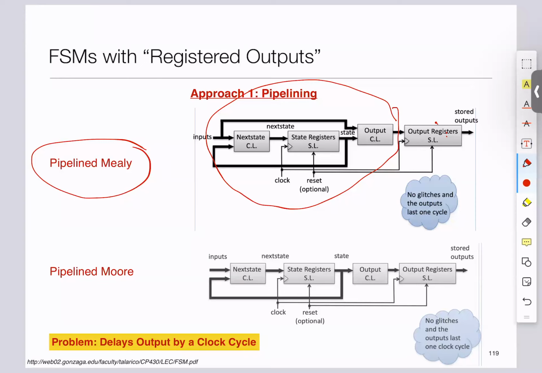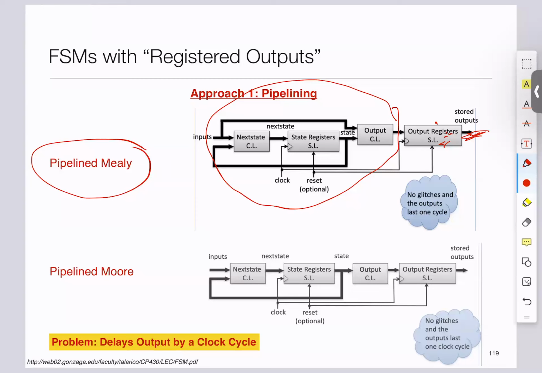It's a Mealy machine, but I've added registers. Hopefully one thing all of you have realized is that a flip-flop delays a signal to the next clock tick. So the output of a flip-flop is the signal as it was at the last clock tick. So these output registers are just serving to delay things. In this case, my output here will have no glitches, but it's delayed by one clock tick.